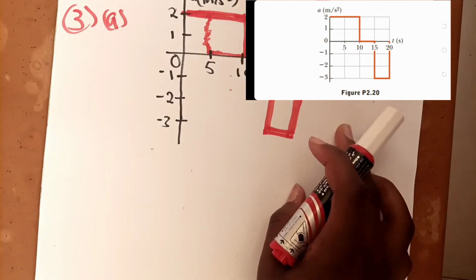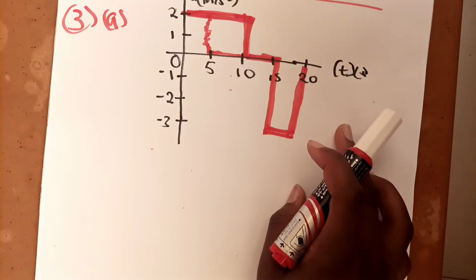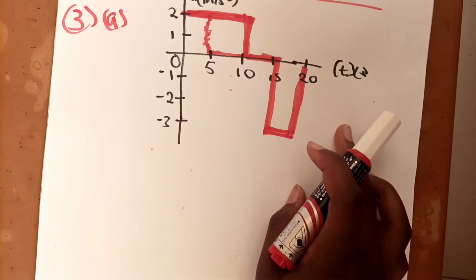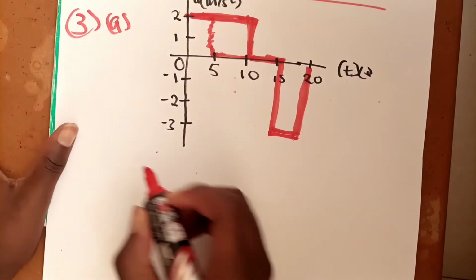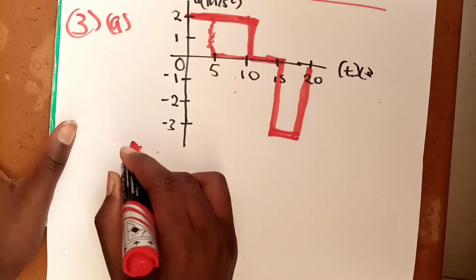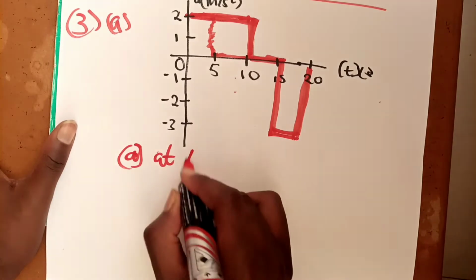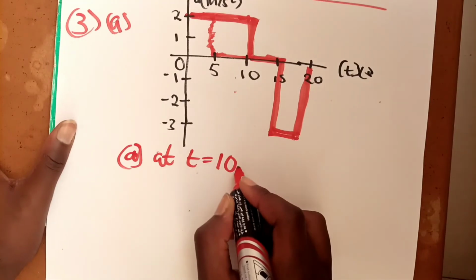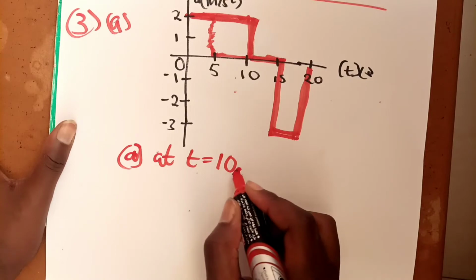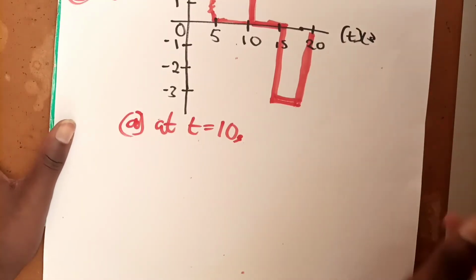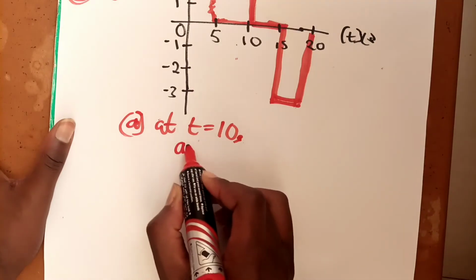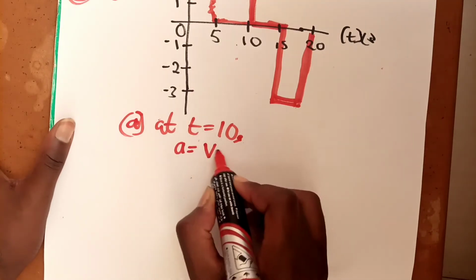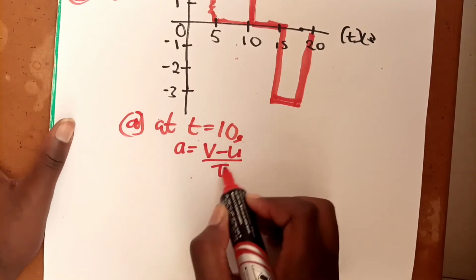Question A. The particle speed at t equal to 10 seconds and at t equal to 20 seconds. So now at t equal to 10 seconds, since we've been given acceleration, we can say acceleration is equal to final velocity minus initial velocity over time.